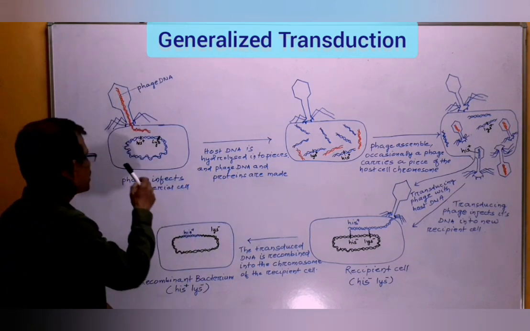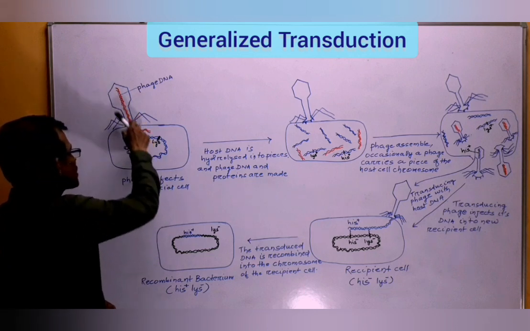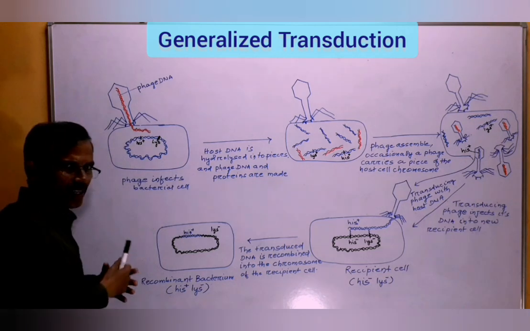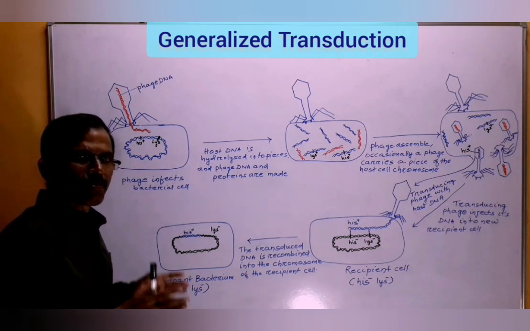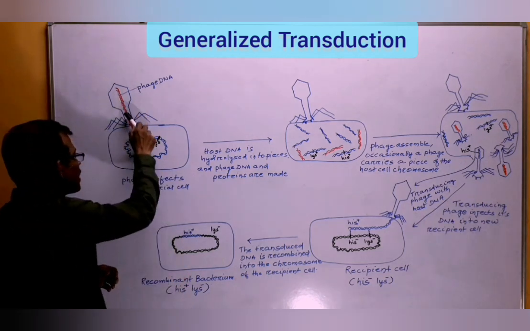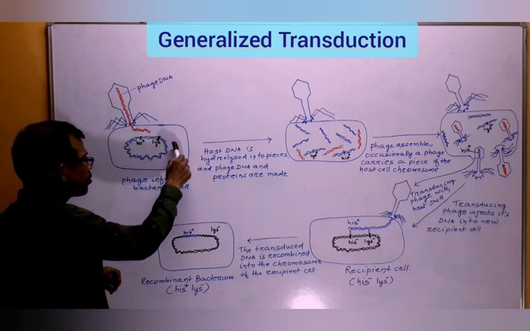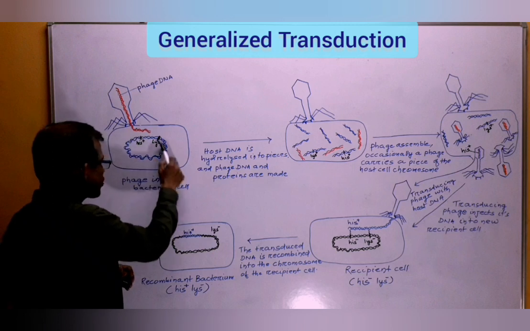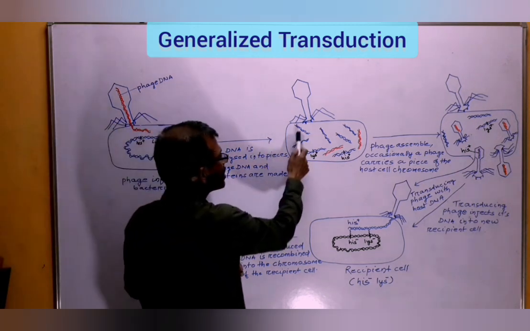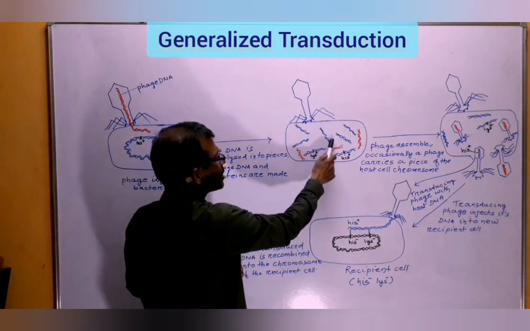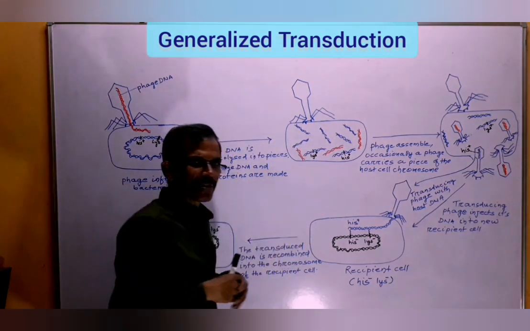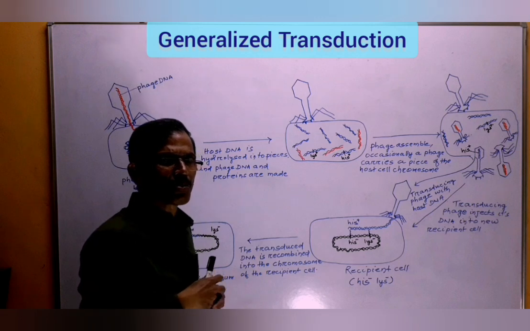It begins with the attachment of a transducing phage to the surface of a bacterial cell. Following attachment, phage DNA is injected into the host cytoplasm, after which the bacterial chromosome is hydrolyzed into pieces. These are the DNA fragments that are formed due to hydrolysis of the bacterial chromosome.